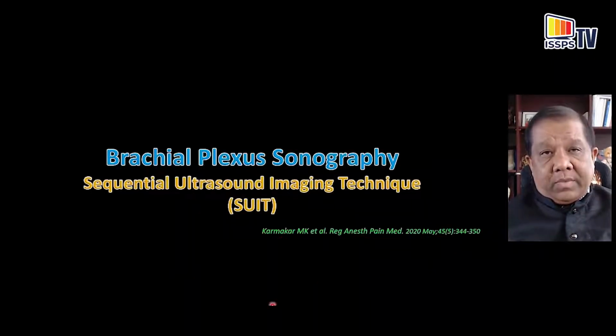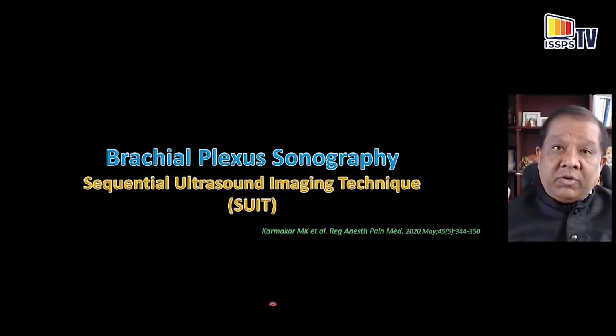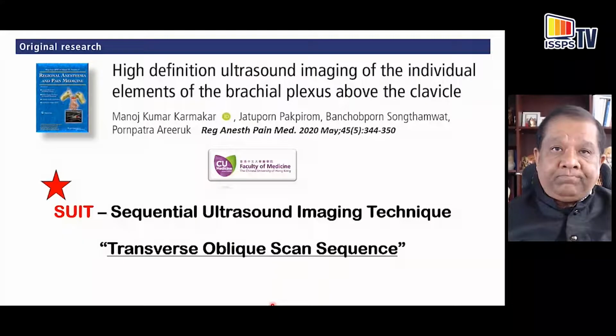So therefore, it is vital that we are able to accurately identify the three trunks of the brachial plexus. And this is based on an ultrasound imaging technique that goes by the acronym SUIT. It's a sequential ultrasound imaging technique that we have recently described to identify the individual elements of the brachial plexus.